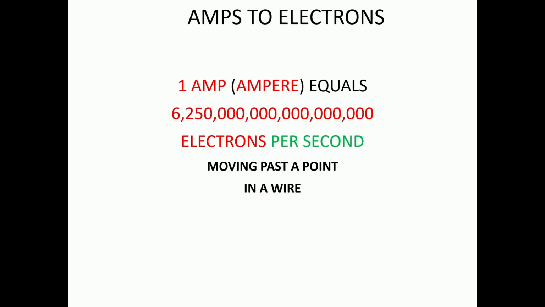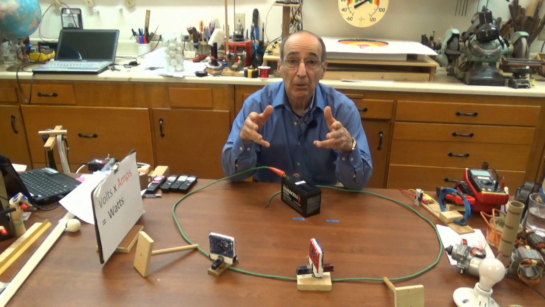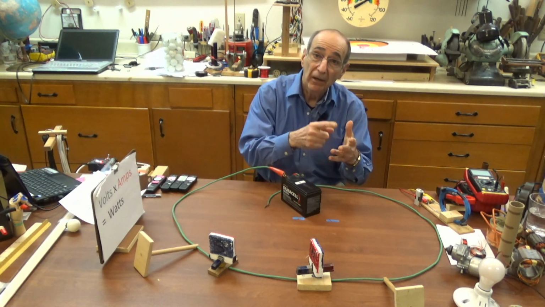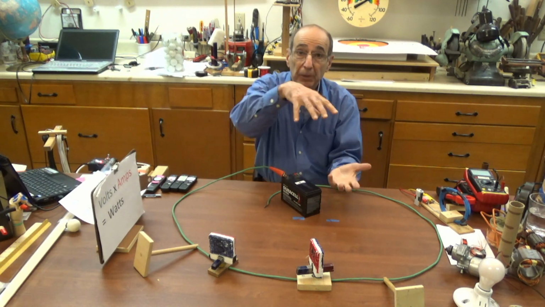So those are really big numbers to work with. And in electrical engineering, it's kind of unnecessary to use numbers like that. It would be like going to the grocery store and buying milk by the molecule instead of by the quart, the half gallon, the gallon, the liter, whatever your favorite volume is.